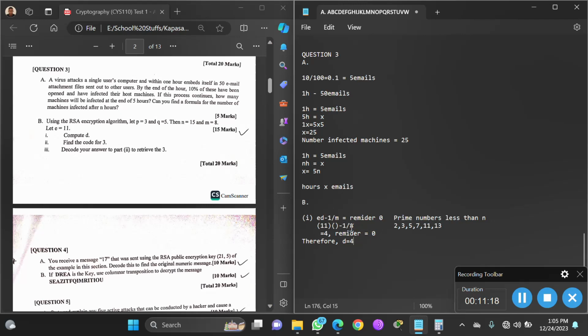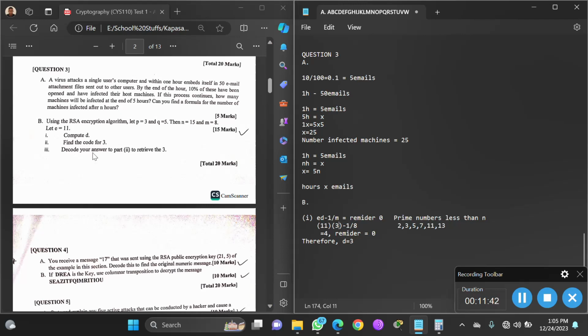But to get 4, we had to replace 3. So 3 was acting as our d, because 11 times 3 is 33, then minus 1, we get 32, divide by 8, we get 4. So 3 was representing d. Therefore d is equal to 3, not 4. So hope you got that.